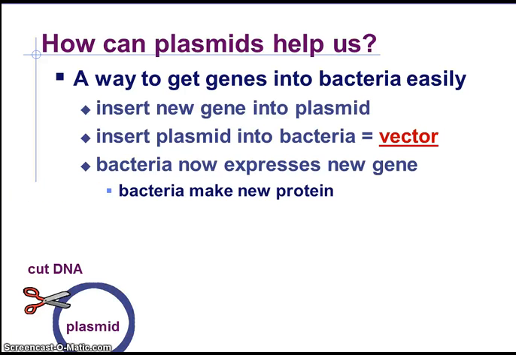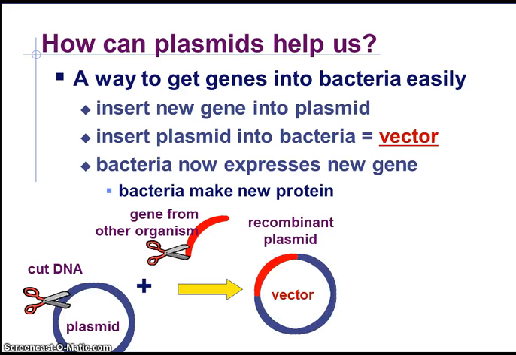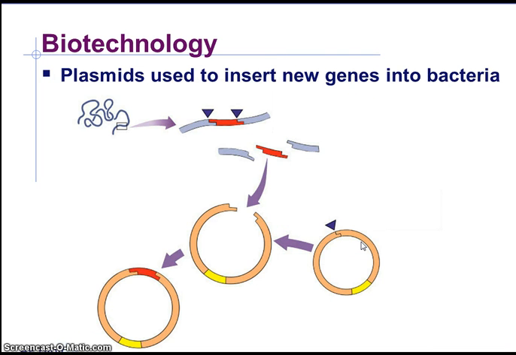Bacteria make the new protein, so we cut the plasmid, and that's with restriction enzymes, not actual scissors. We have the gene from the other organism, and we now have recombinant DNA, glue it all together. It's now inside the bacteria, and every time this bacteria reproduces, it makes whatever new protein we want. So again, that's what we did with our transformation lab with bacteria, and that's why they were pink.